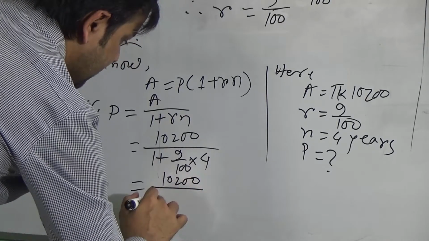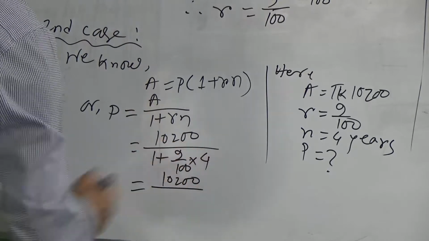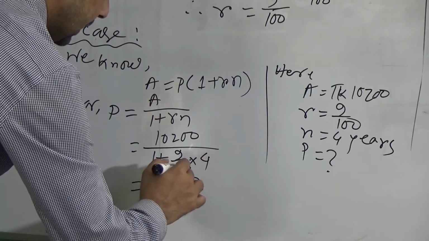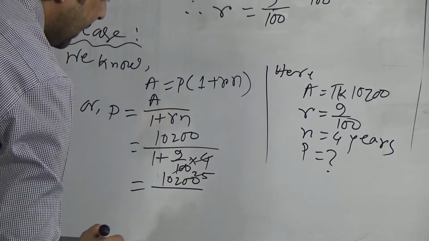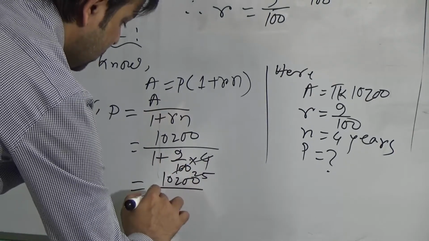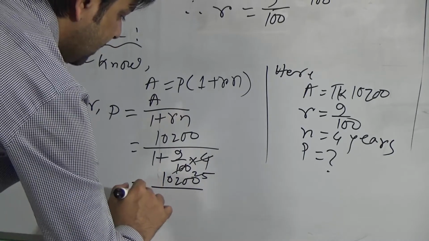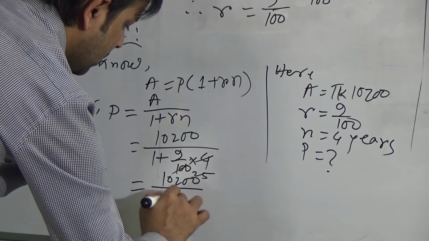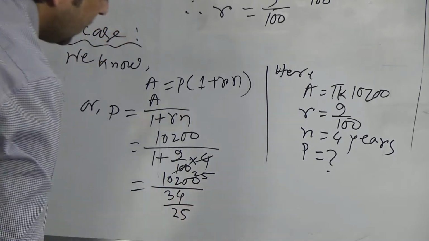10200. Now we can cut here by 4, it will be 25. Now here will be 25 plus 9, that will be 34, so 34 by 25.